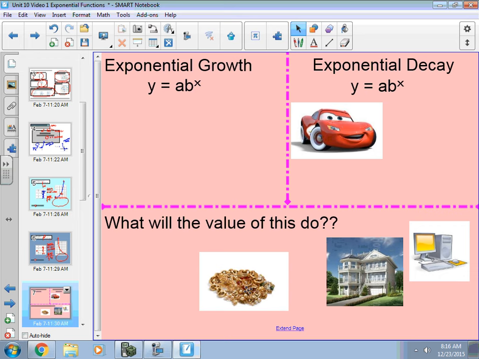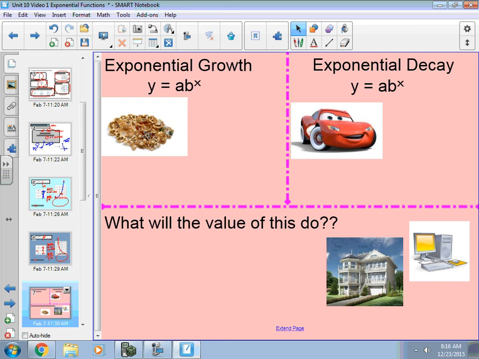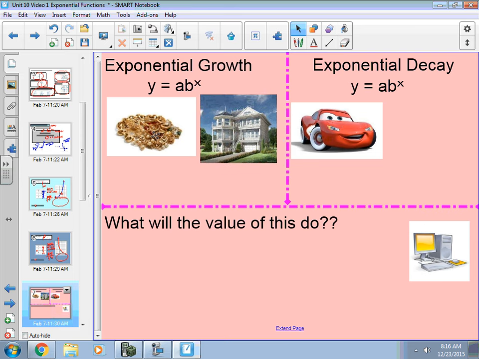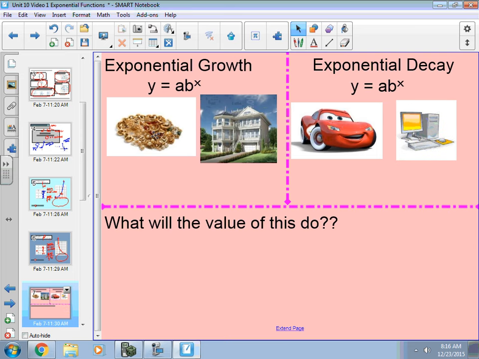But for the most part, your average car is going to decline in value as you drive and get wear and tear on it. Jewelry, gold, that kind of stuff generally increases as exponential growth over time. The value is going to keep increasing. Same with homes. Your house, as long as you maintain your house, house values over time are going to increase in value. Technology, computers, probably pretty obvious, they're going to decay over time because new stuff comes out and it becomes less valuable because there's bigger, better things.